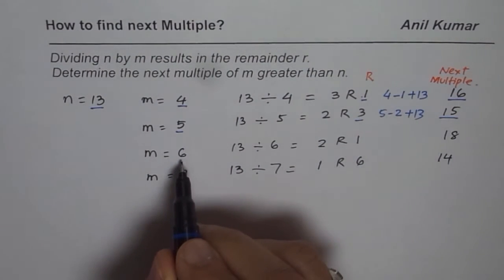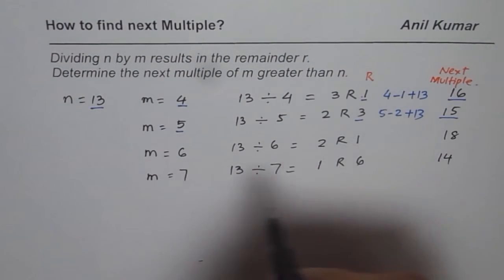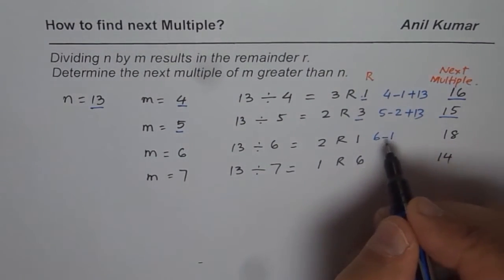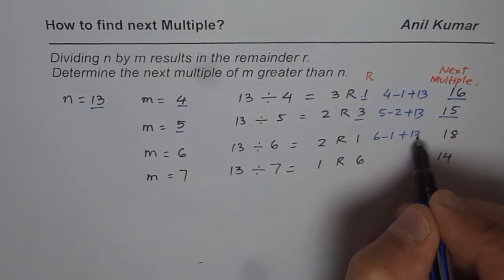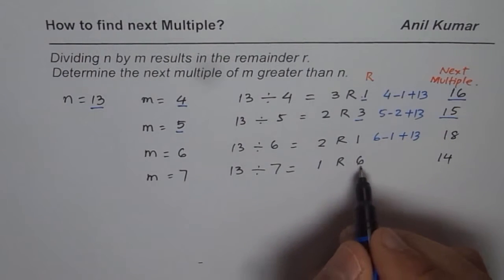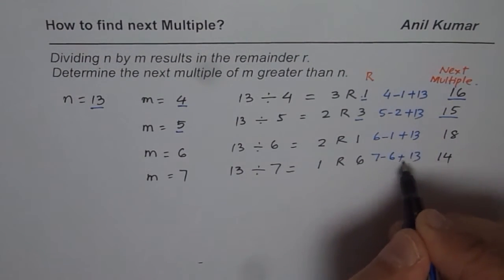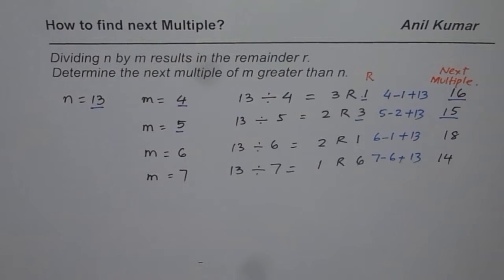Here I have 6 minus 1, since the remainder has to be smaller than m. 6 minus 1 is 5, which I add to 13 to get the next number. And here I get 6, which is to be taken away from 7. If I add that to 13, I get 14.